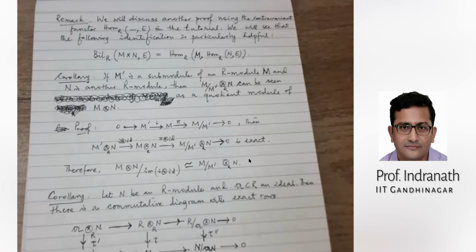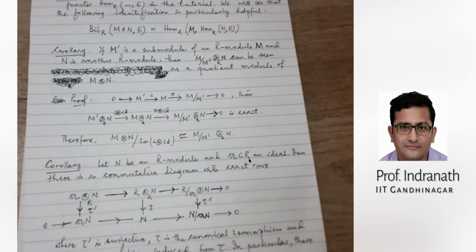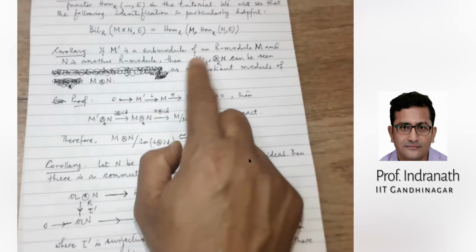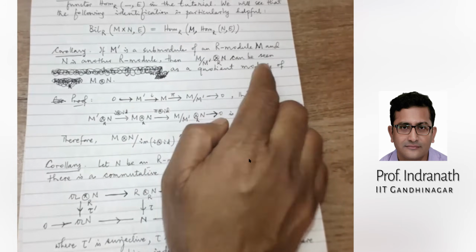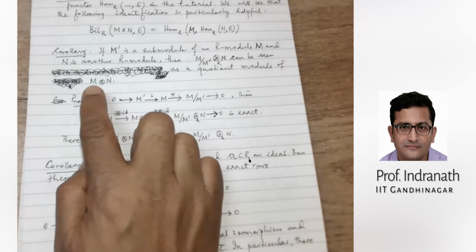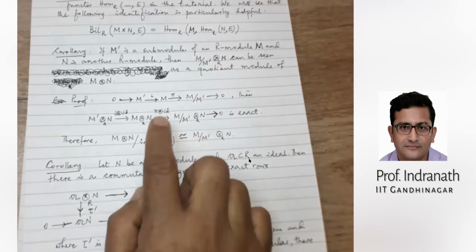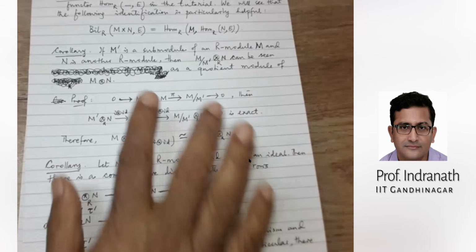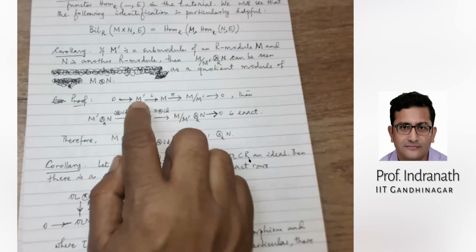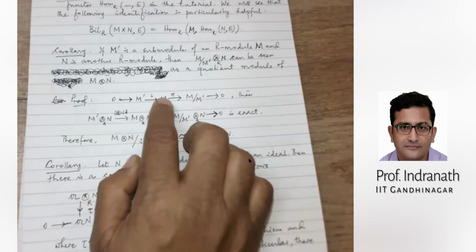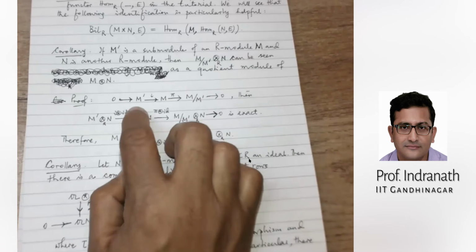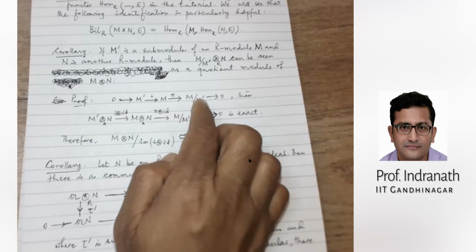Now some immediate corollaries. If you have a submodule M' of an R-module M and N is another module, then M/M' tensor N can be seen as a quotient module of M tensor N. Basically, this is the standard exact sequence where M' is a submodule, so you have the inclusion, and this is the canonical surjection.